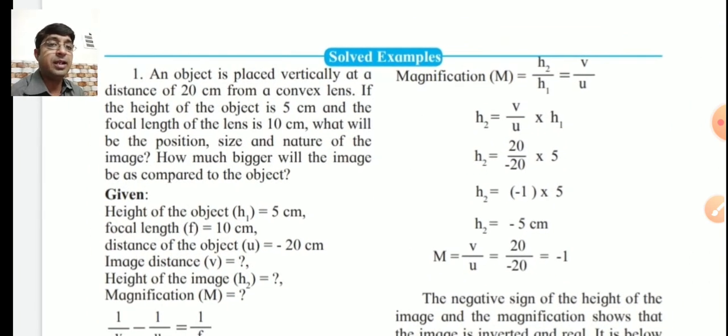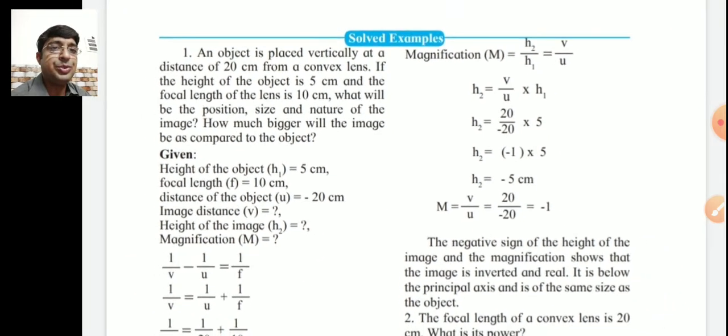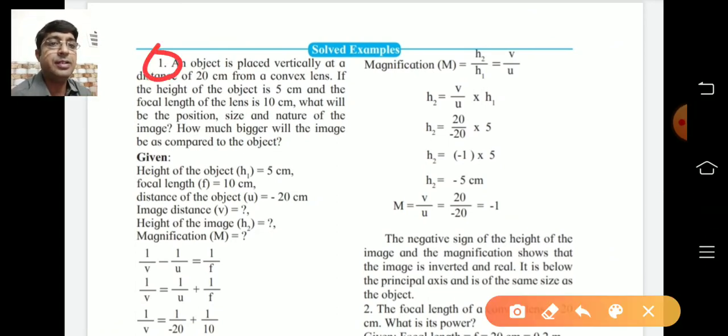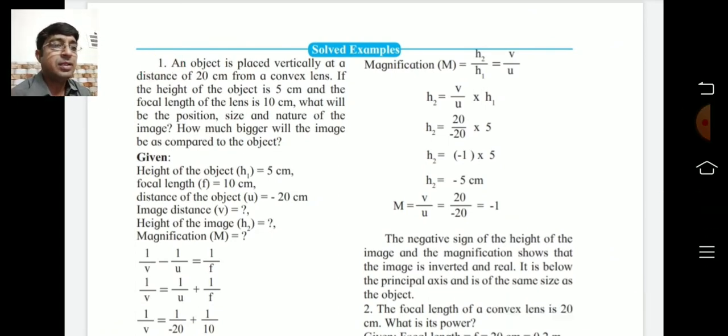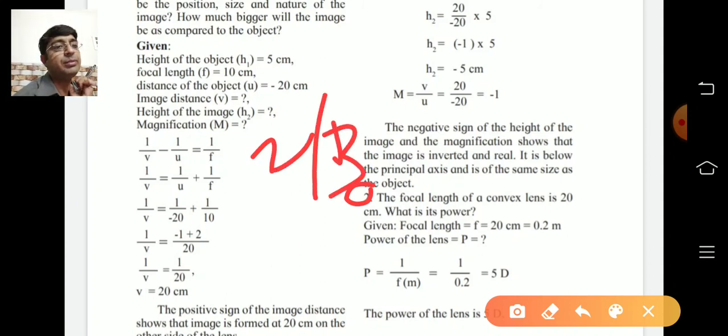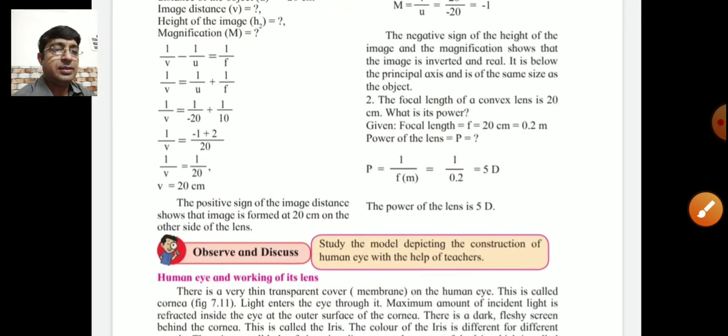Try to write the answer in that pattern in your notebook for these two solved questions. The first solved question is here, and the second solved question starts from here. 2 to 3 marks for these numerical problems depends on how many terms we calculate in the question.